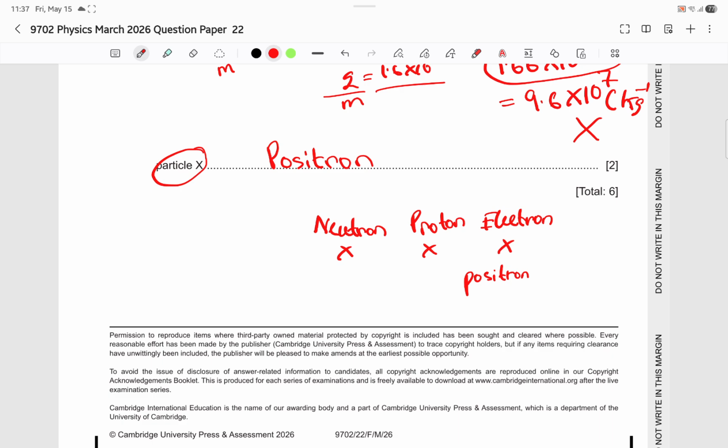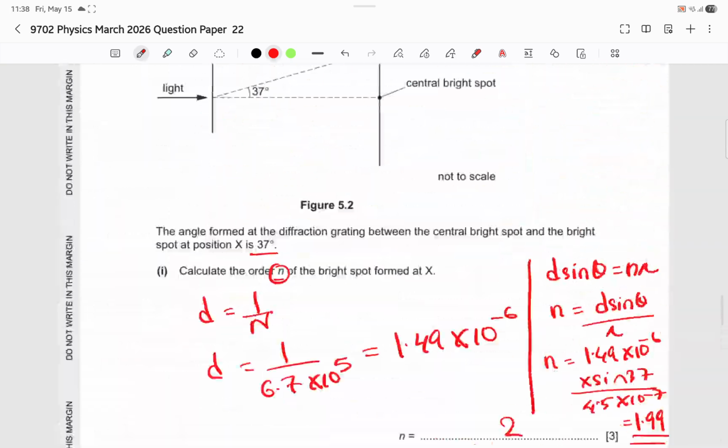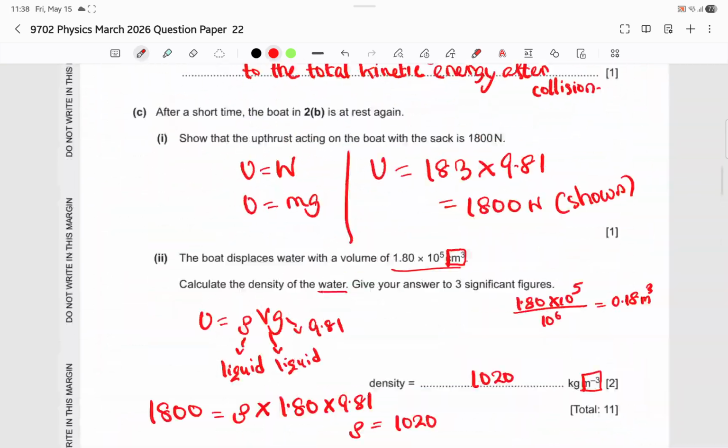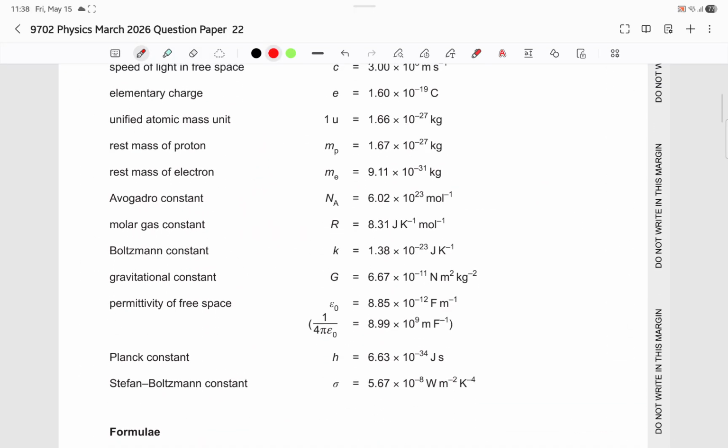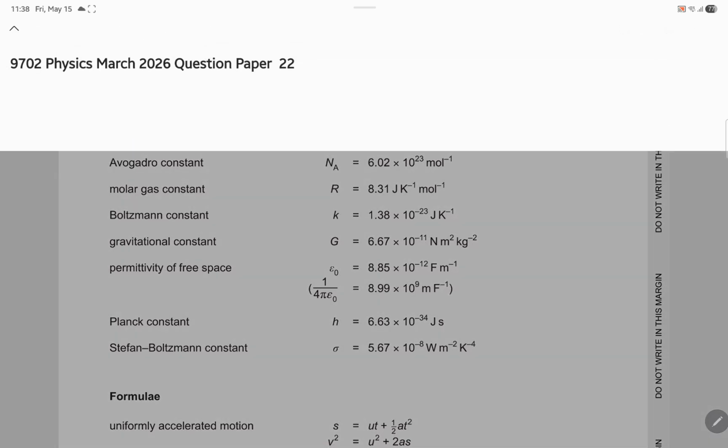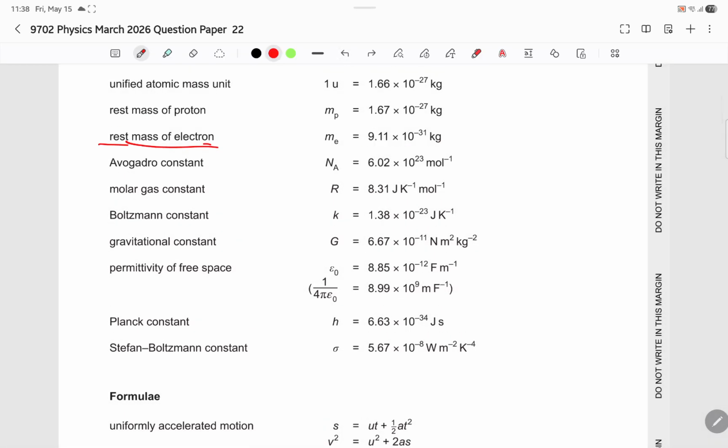So what is the mass of an electron? Is it given here? Oh, it is. The mass of an electron is 9.11 into 10 to the power minus 31. Okay, that is so much simpler. I think this is how you're supposed to do it.